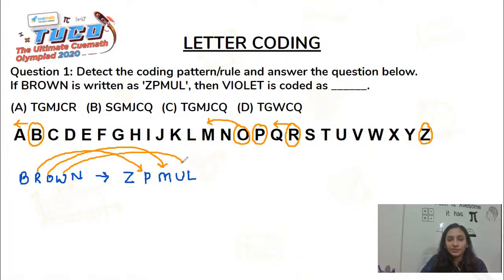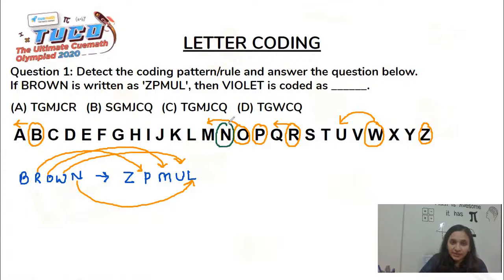Then the same thing should be happening with W. W is here. We skip one letter backward. We are skipping V and going to U. So that's how W has been coded as U. And the letter N has been coded as L. Let me do it with a different color so that you clearly understand it.